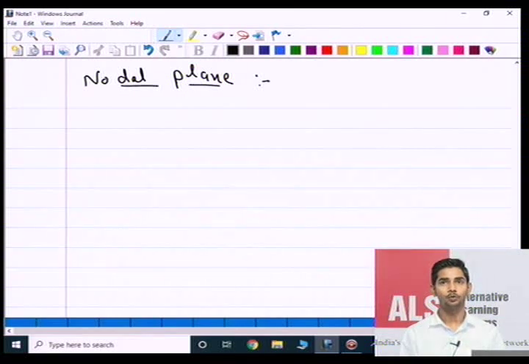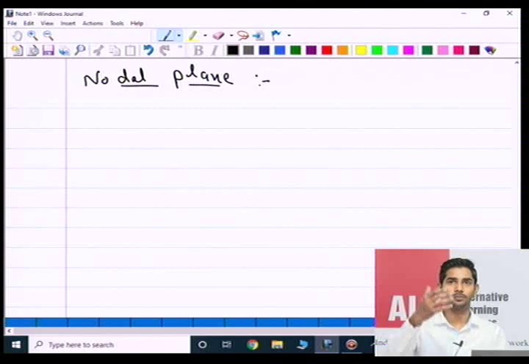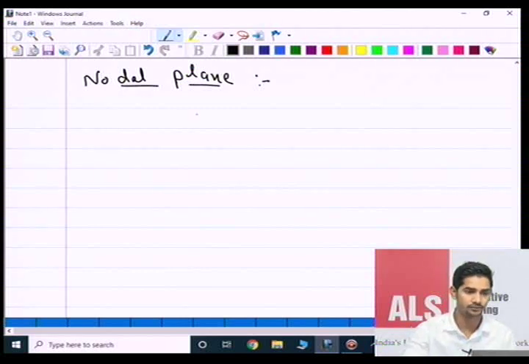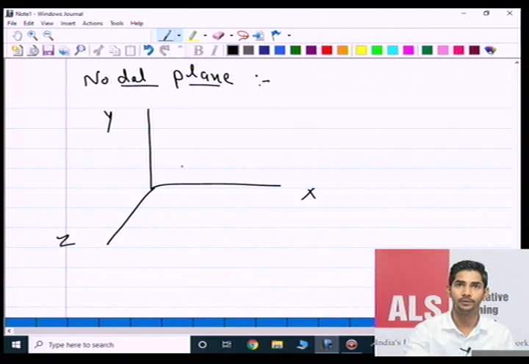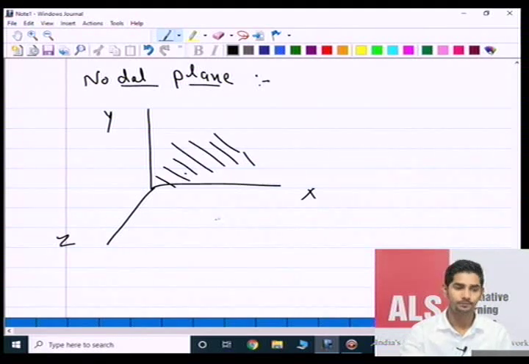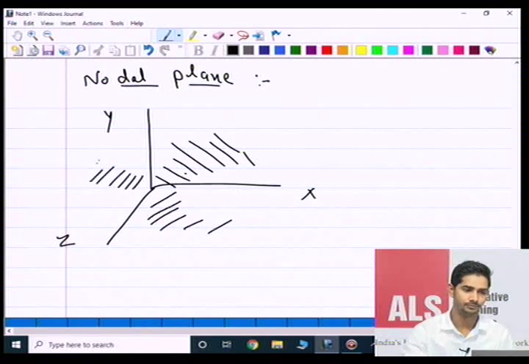If I take the XY axes simultaneously, look at this one, please. This is X, this is Y, and this is Z. So this is your XY plane, this is your XZ plane, and this is your YZ plane.